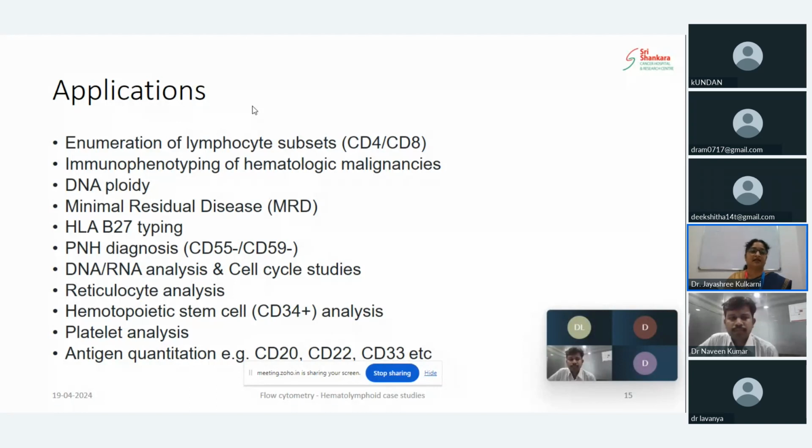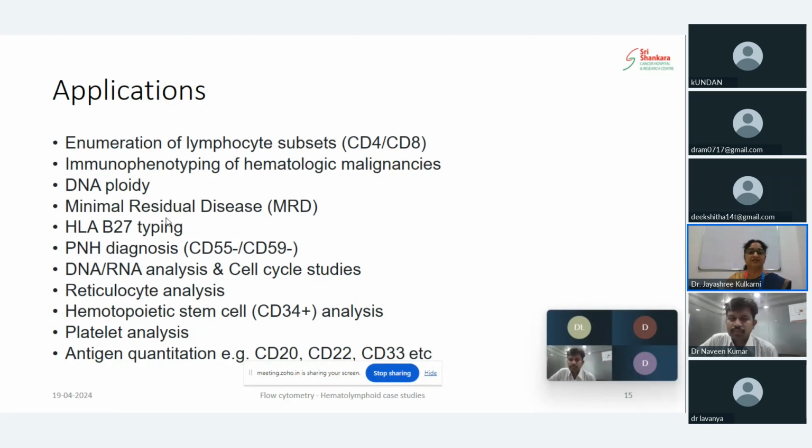DNA ploidy assay, though you can assess the ploidy in karyotyping, invariably the material may not be enough. You may not get enough metaphases in your conventional karyotyping, but you can do the DNA ploidy on flow cytometry. You can differentiate whether it is hypodiploidy, hypoploidy or hyperdiploidy, and normal.